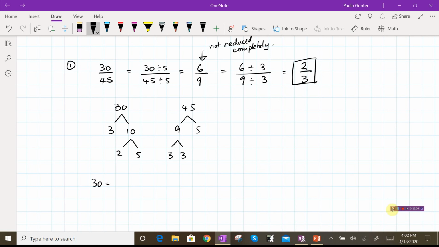Here is 30: the tree gives 2 times 3 times 5, and likewise 45 was 3 times 3 times 5. Here's an alternate way that some of your teachers might even ask you to do: take each part, the numerator and denominator, and write them as prime factors.